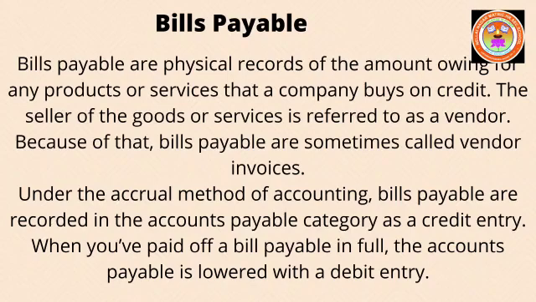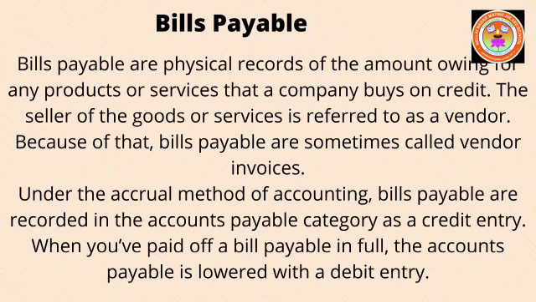Under the accrual method of accounting, bills payable are recorded in the books of accounts payable category as a credit entry. When you have paid off a bill payable in future, the accounts payable is lowered with a debit entry.